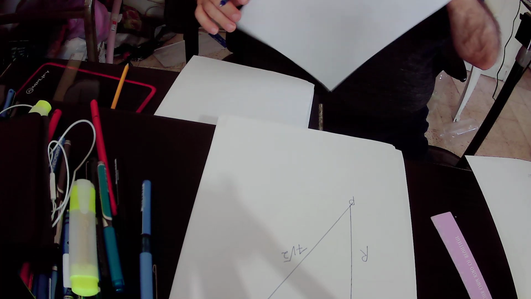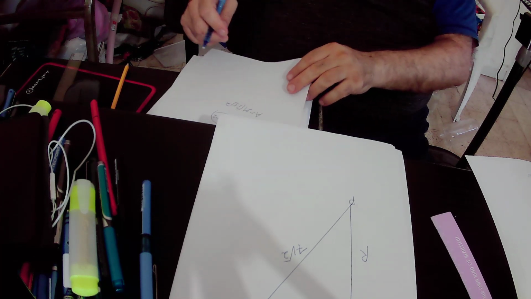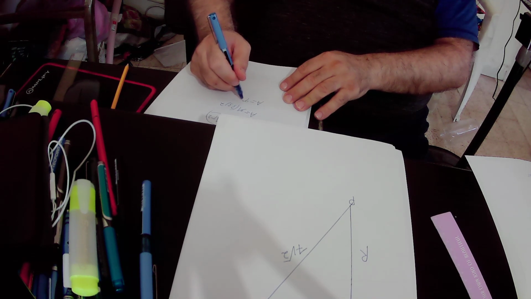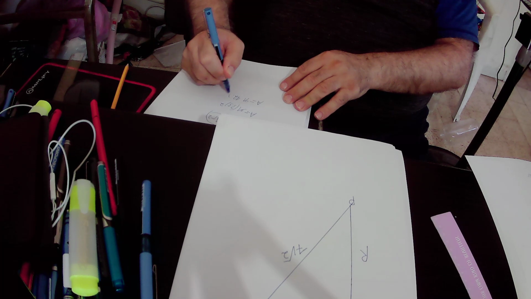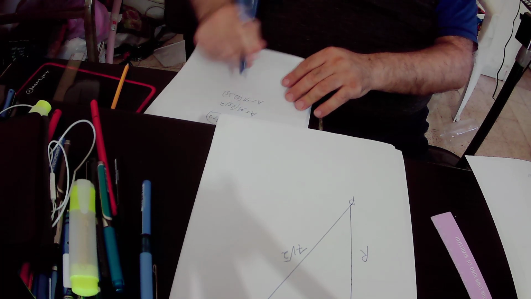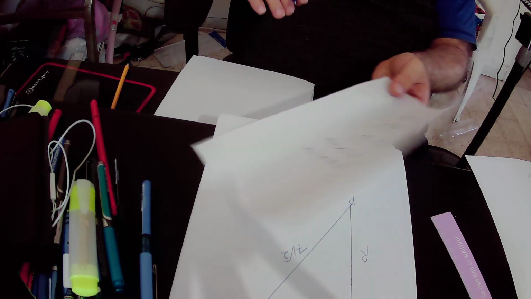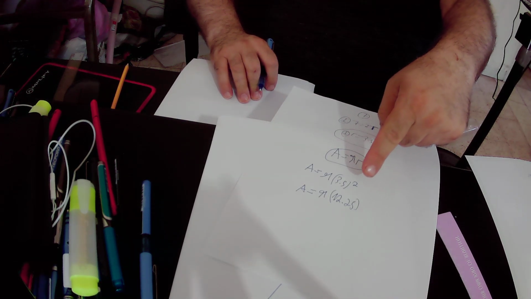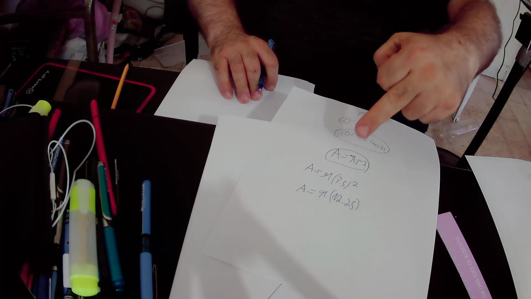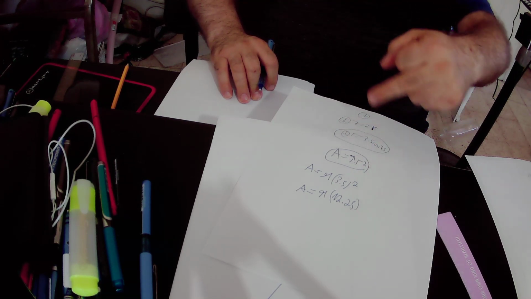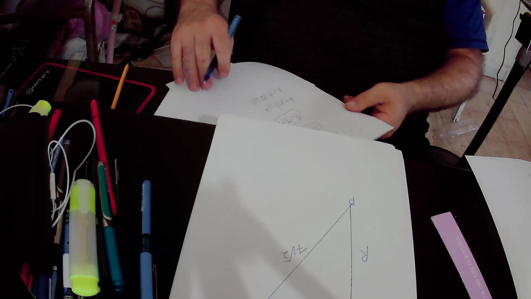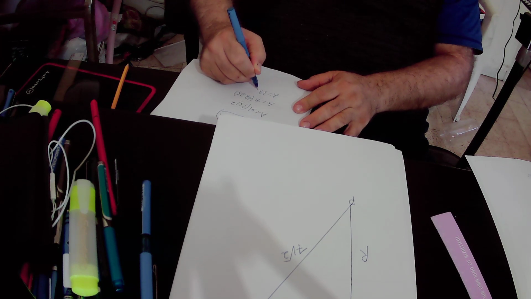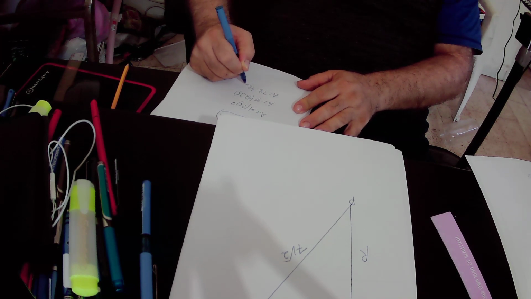The value of 3.5 squared is 12.25. So the area equals pi times 12.25. Okay, the value of 3.5 squared is 12.25, and pi times 12.25 equals 38.48 units.